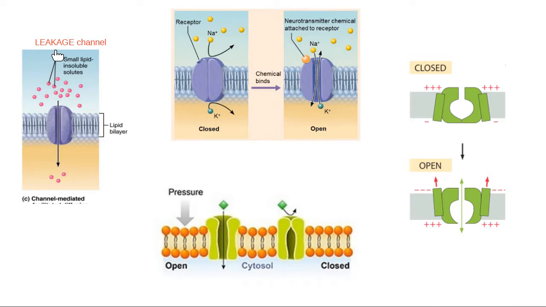What do I do with a leakage channel? Yeah, so we are doing facilitated transport. We're doing facilitated diffusion. I probably should have said that word before. All of these are an example of facilitated diffusion.